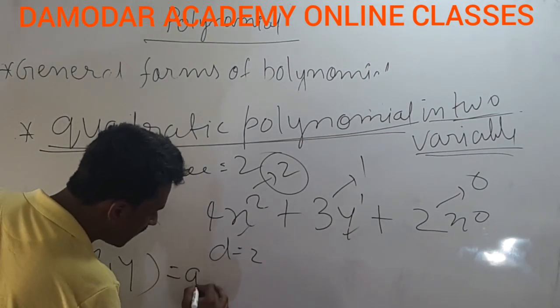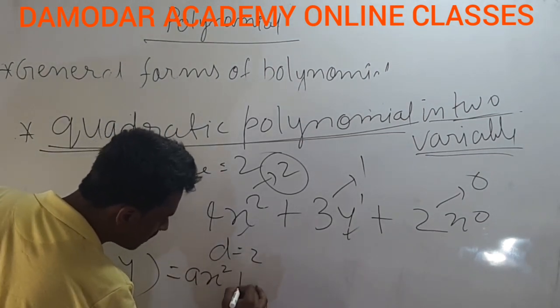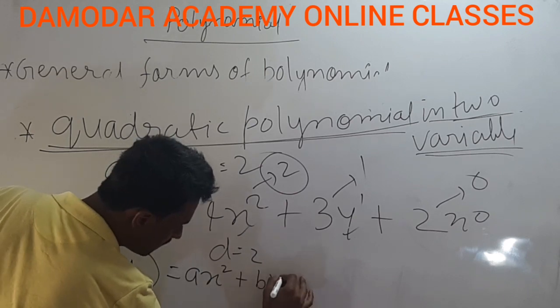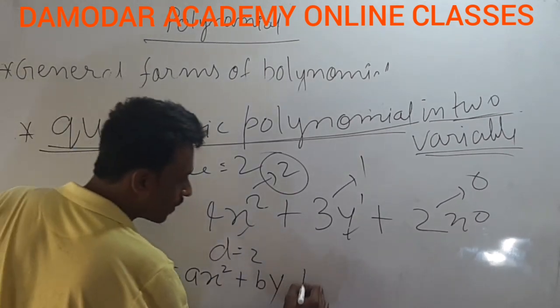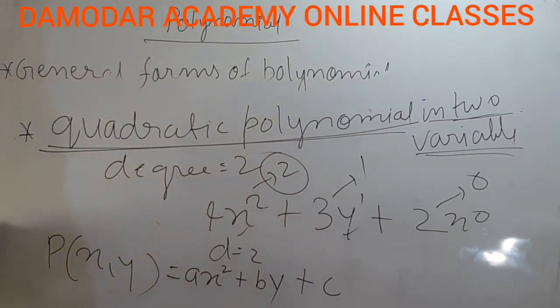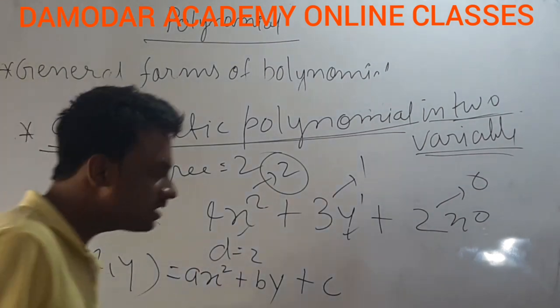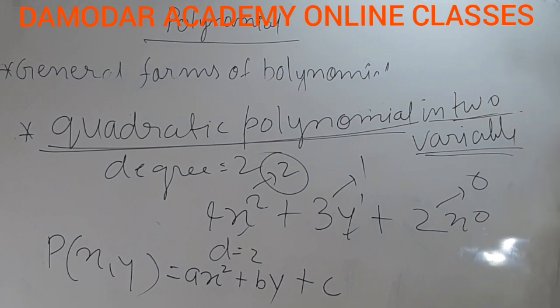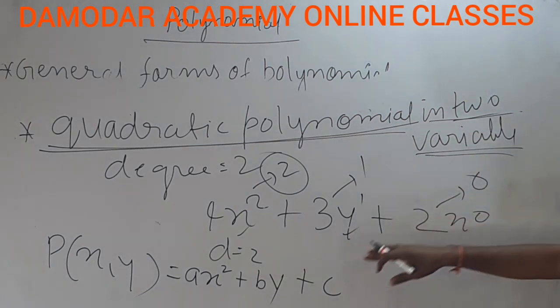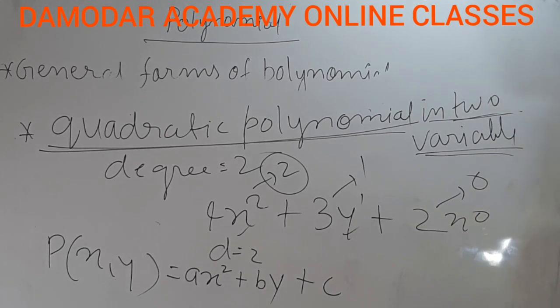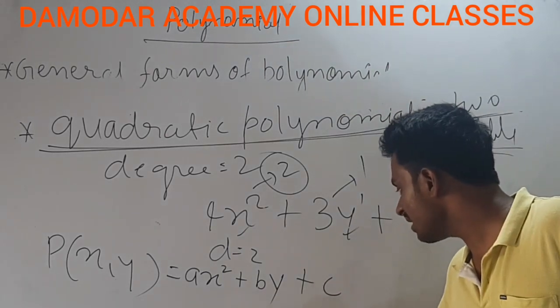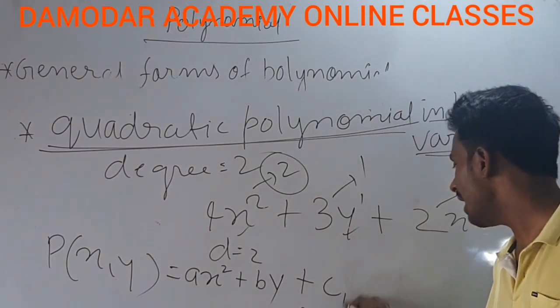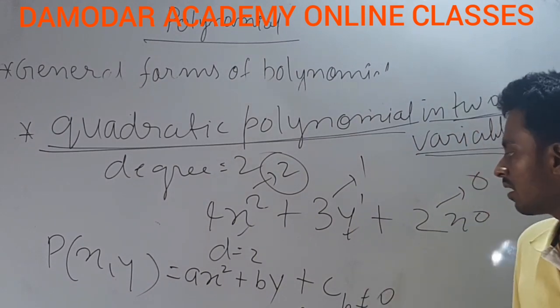This may be equal to ax square plus by plus c. This is the general form of a quadratic polynomial in two variables. My dear students, what is the condition? A is not equal to 0 and b is not equal to 0.